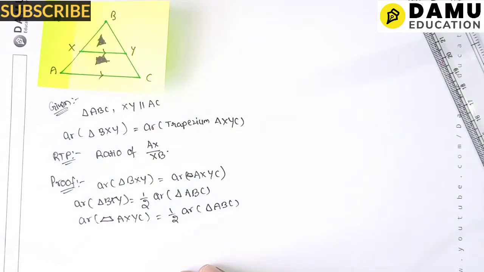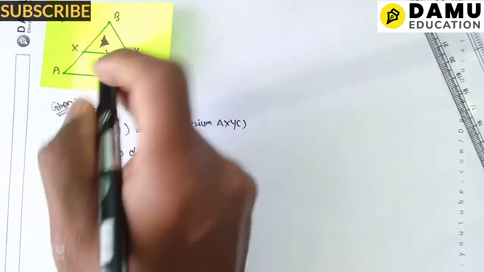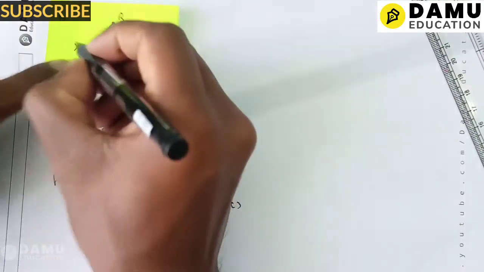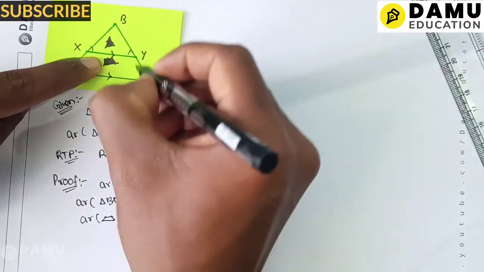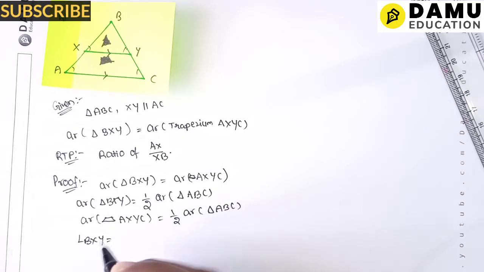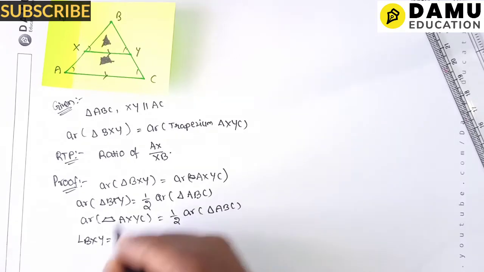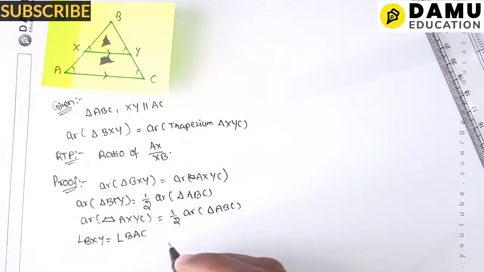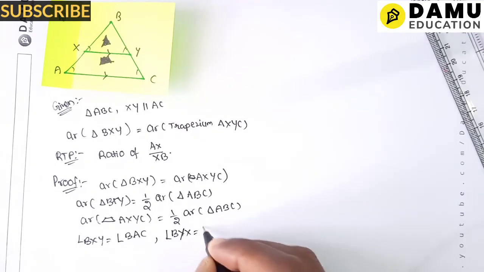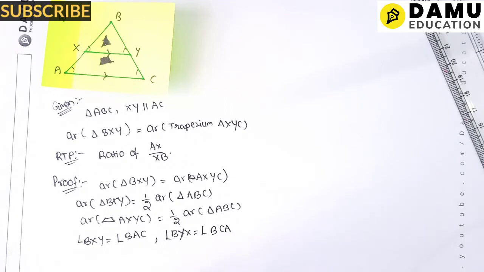Next, we need to find one thing. Angle BXY, these two lines are parallel, right? In triangles BXY and ABC, angle BXY will be equal to angle BAC, and angle BYX will be equal to angle BCA. These are corresponding angles.